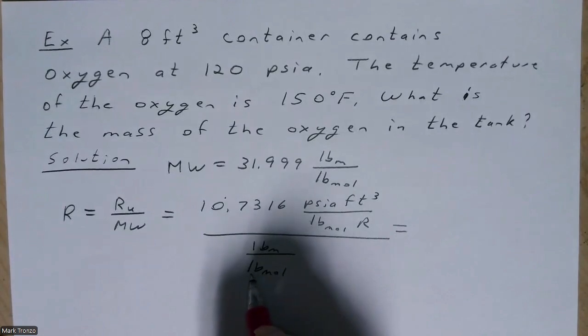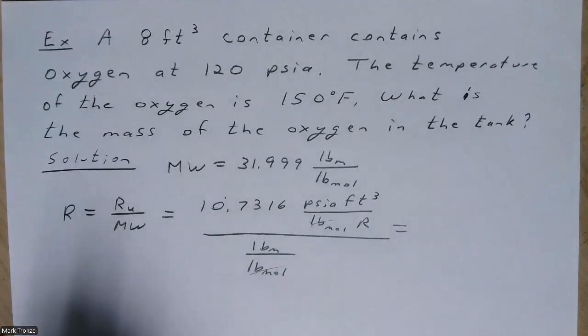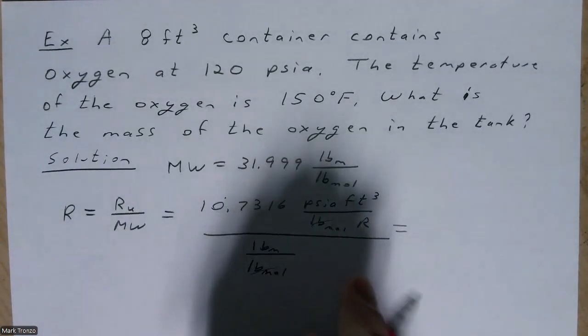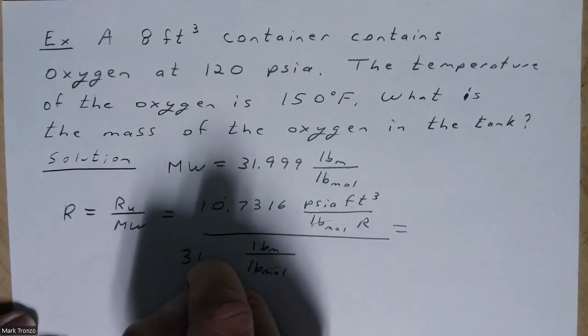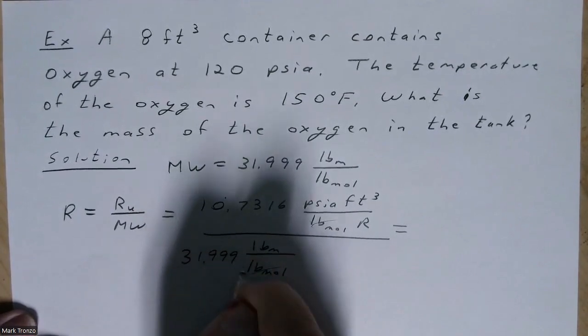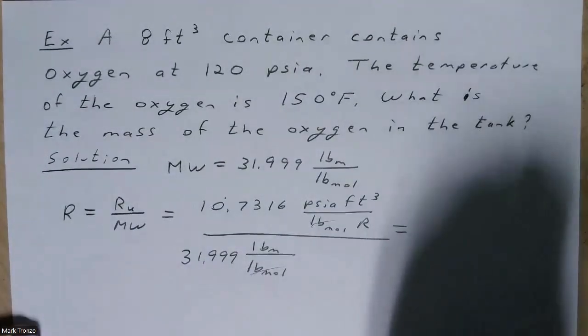Notice the pound moles will cancel. Excuse me, I forgot to put the 31.999 here. And we divide this out.